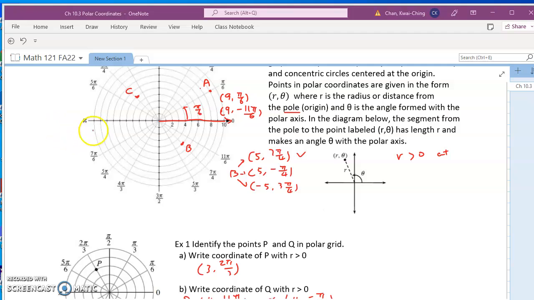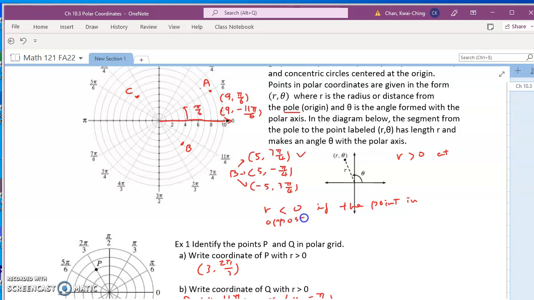In terms of distance, it's always positive, right? But r could be negative, so maybe you can actually record it here. r is usually positive if it is just measuring the distance from the pole, but r can be negative if the point is in the opposite direction.